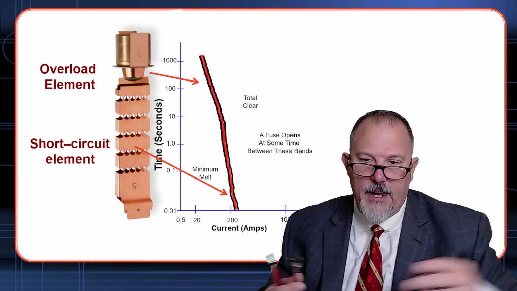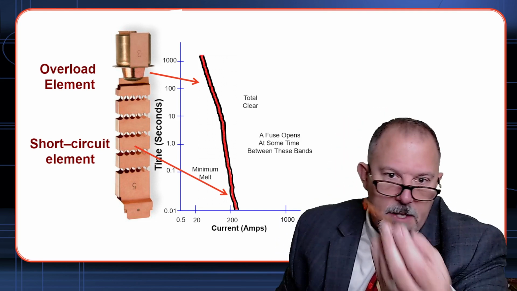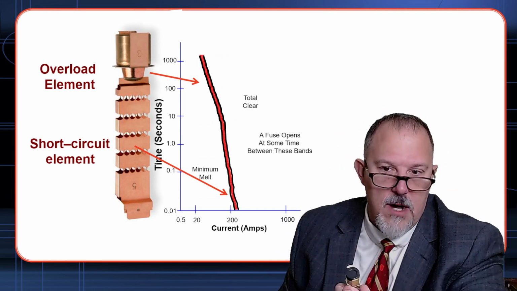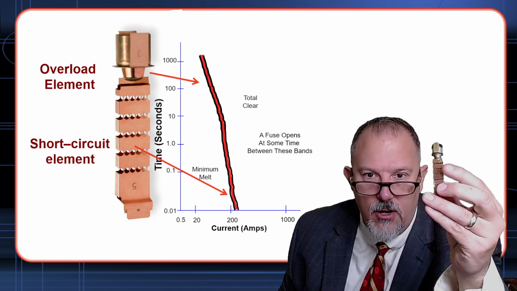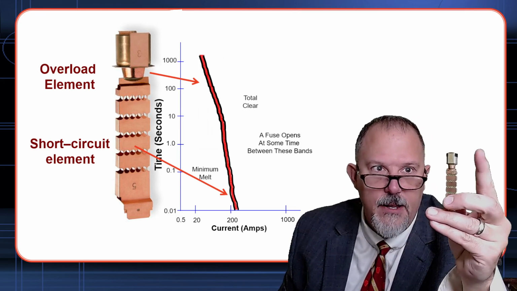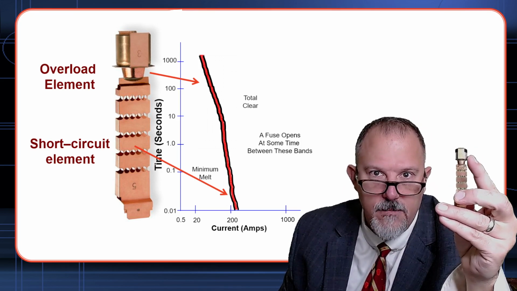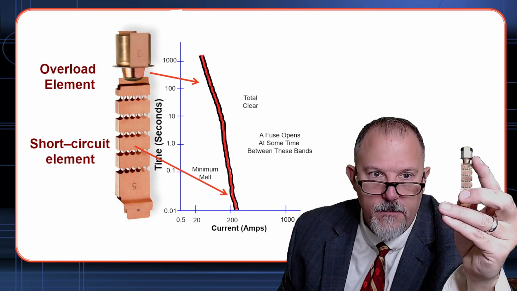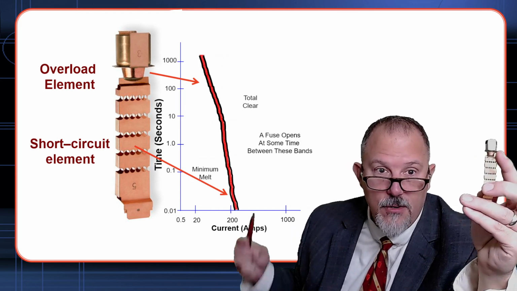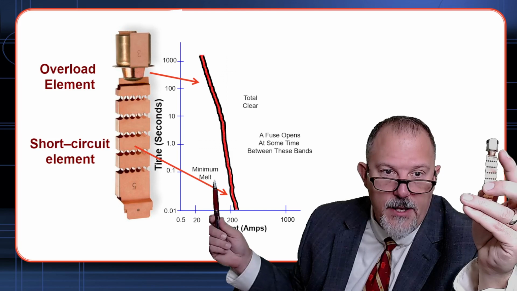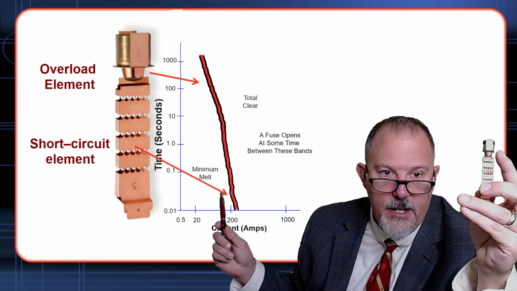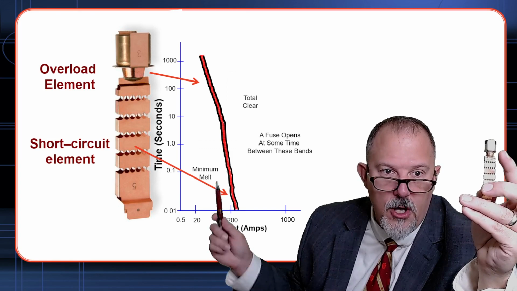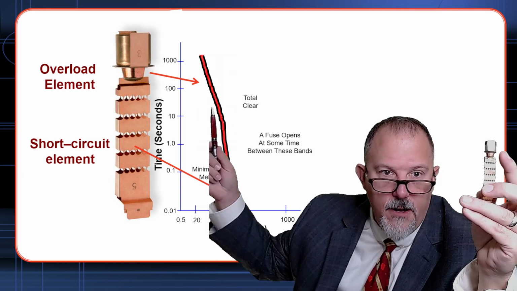If you send in a fuse and say, my fuse opened and I'm not sure why, and we look at it and all of these pinch points are intact and just this element has been opened, we could pretty much tell you that your current was probably in this region right in here, because you were in the long time portion of the trip curve.